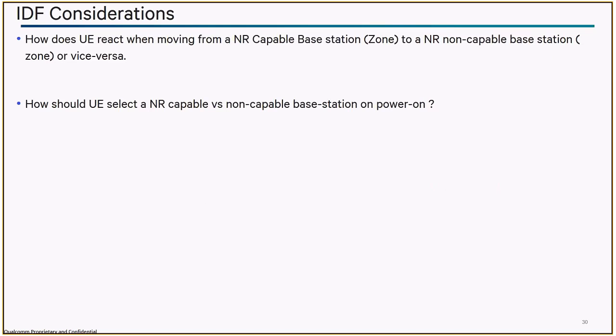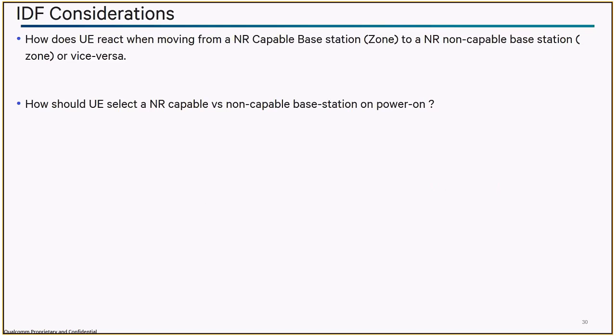Unless the base station indicates that it has E-UTRA NR support, the UE cannot tell the base station that it supports NR. So how can that happen is one of the ideas.